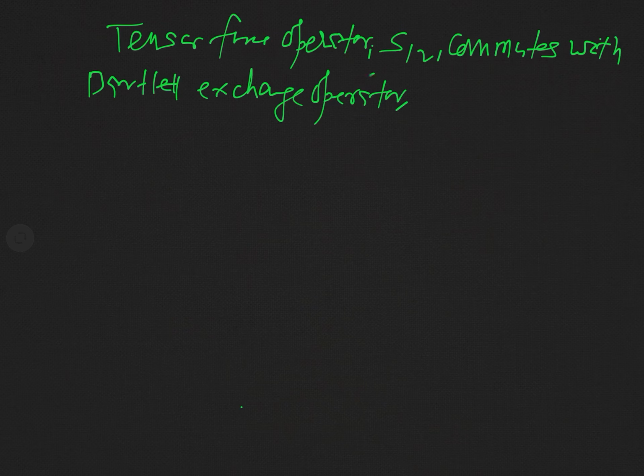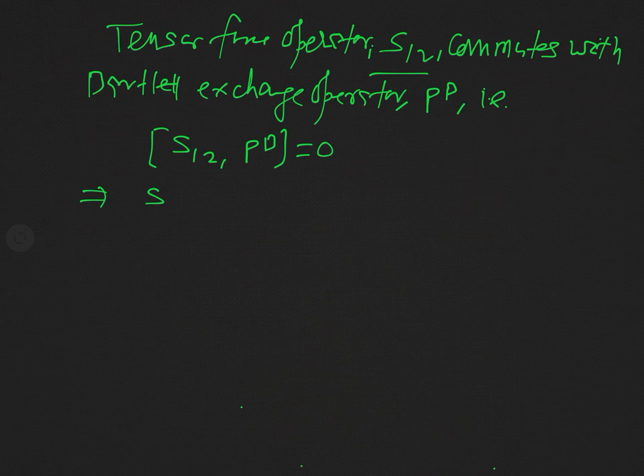And when you say that this S12 operator commutes with Bartlett exchange operator, that is PB, then what actually we are saying? We say that the commutator of S12 with PB is equal to 0, and this implies S12 PB minus PB S12 is 0.